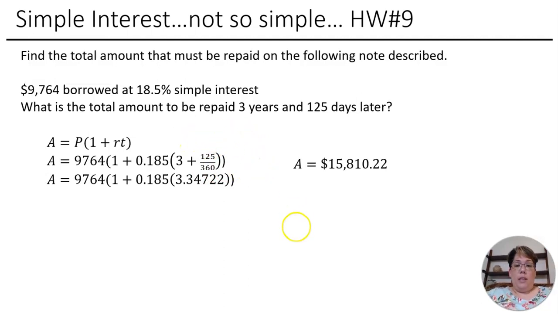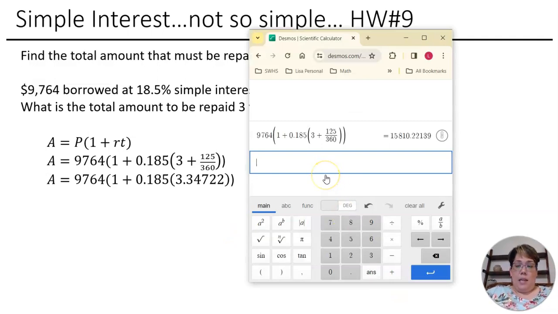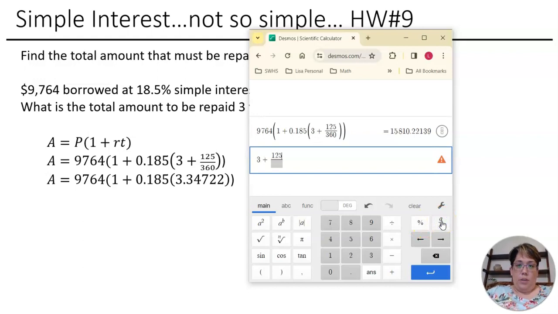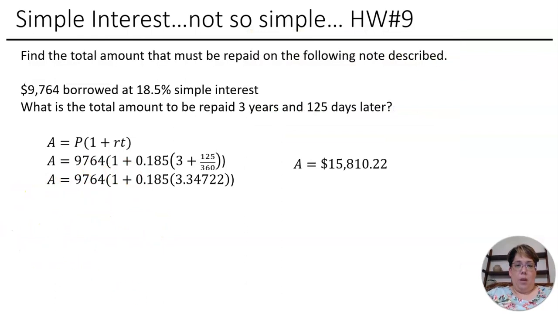But what I would do is I would probably take my calculator then, and I would say 3 plus, and I would do my 125 over 360, and that gives you the 3.34722. Now, you need to make sure, if you notice here, I have gone through and I have gone out several decimal places.